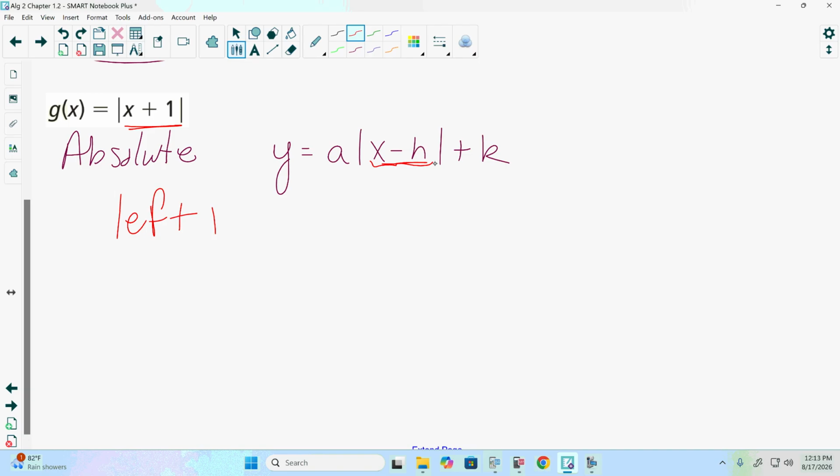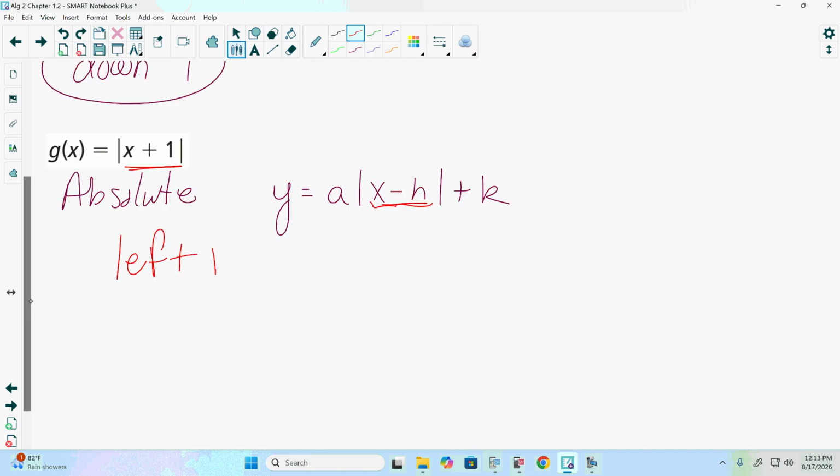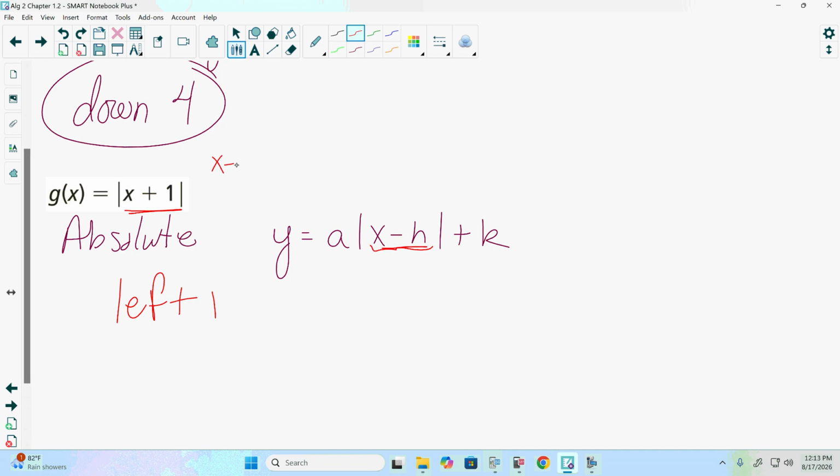As we look at this one here, what's inside our equation is x plus 1. So this here is lining up with what? X minus, because it's lining up with this here, x minus h inside, yes? What's the main way that we can turn a minus into a plus? Is if we have another what?